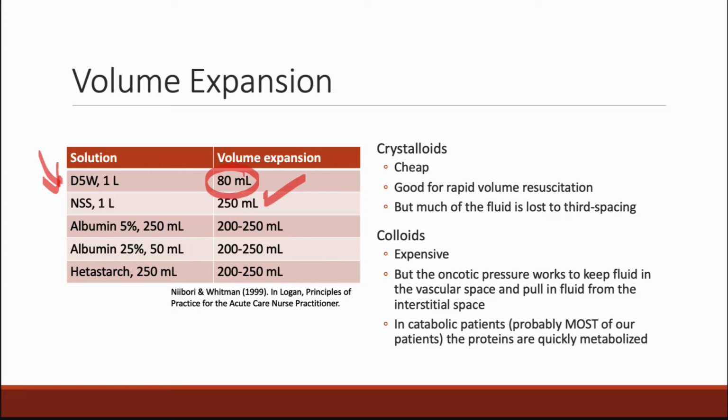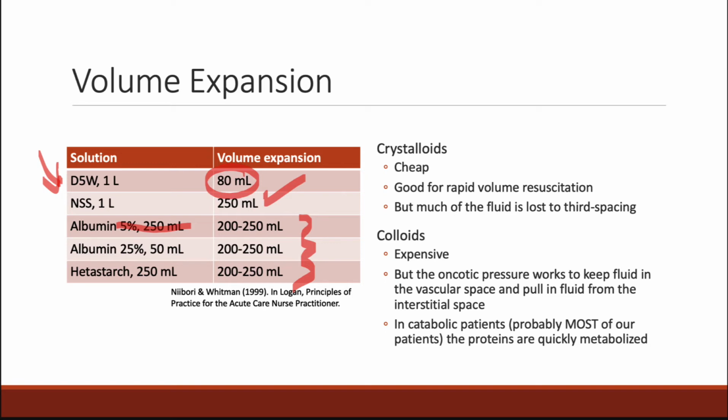But a lot of it ends up being third spaced. Contrast that with albumin and these colloids. When we give 5% albumin, which is 250 cc's, we get about 200 to 250 cc's of volume expansion. That's pretty good. That's 1-to-1.